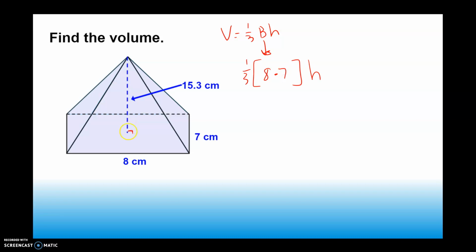And then the height is going to be the height of my pyramid, which is going to be 15.3. So I'm just going to plug this all straight into my calculator: 8 times 7 times 15.3 divided by 3, and I get a volume of 285.6. Pretty simple.